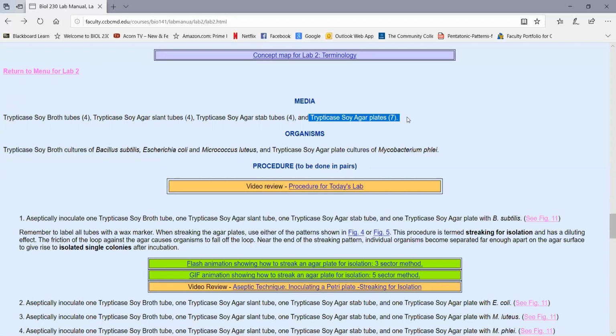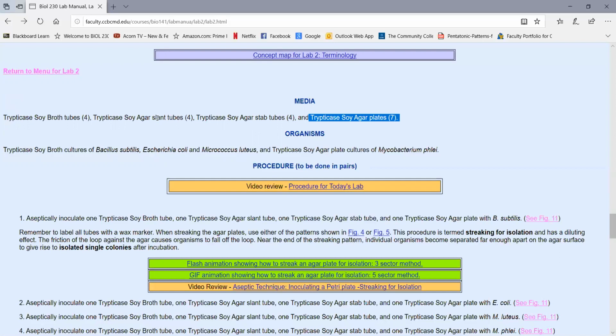And so each pair will be growing eventually today 4 different bacteria. We're going to grow each bacterium on each of the 4 media. So we have 4 bacteria times 4 media, that's 16 inoculations that you'll be doing as a pair. But you'll divide up the bacteria, so each of you will be doing 8 inoculations.